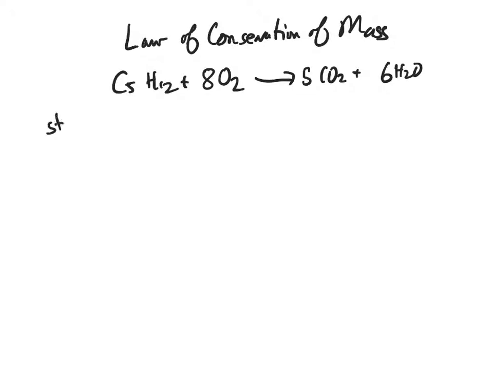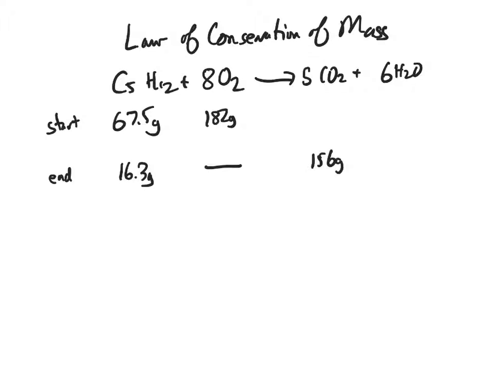So to start, we had 67.5 grams of pentane and 182 grams of oxygen. At the end, all our limiting reagent was consumed. There was no O2 left. We had 16.3 grams of pentane that was unreacted, so we still had that at the end. And we had produced 156 grams of carbon dioxide and 76.8 grams of water.